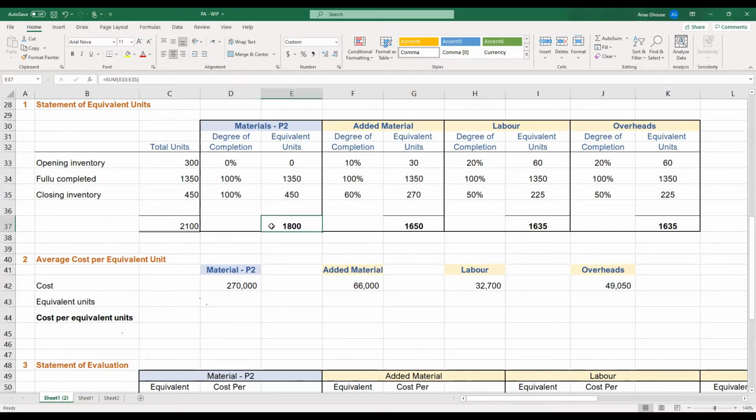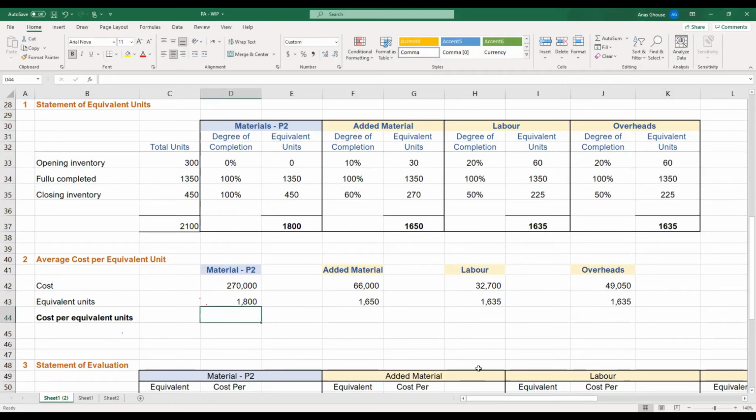Now let's take the equivalent units under each category. Material from process 2, 1,800. Added material 1,650, labor 1,635, and overhead also 1,635.